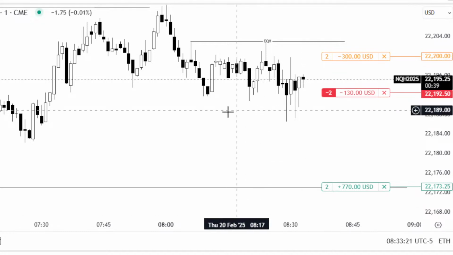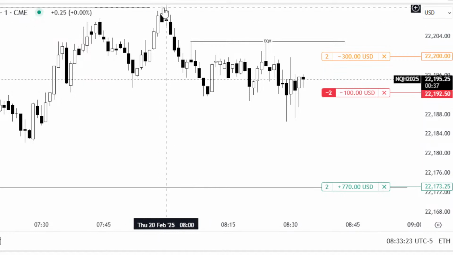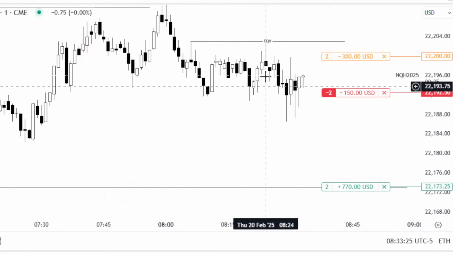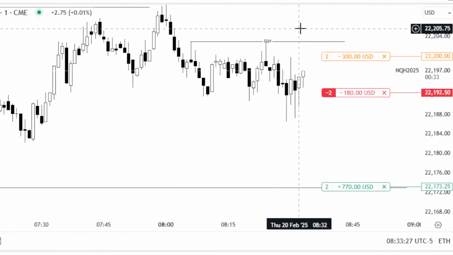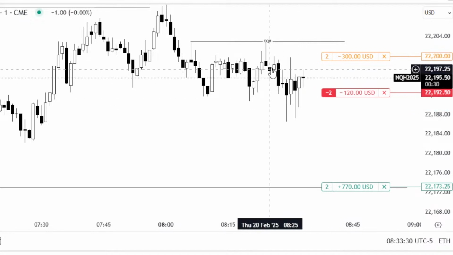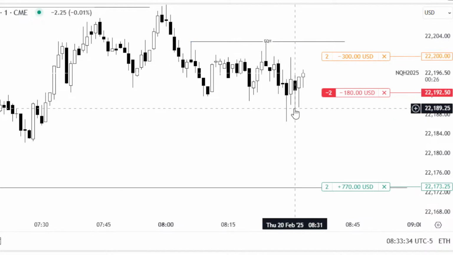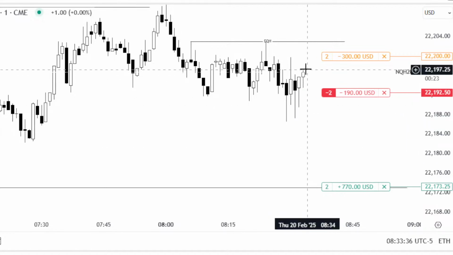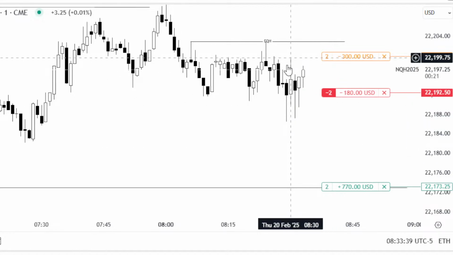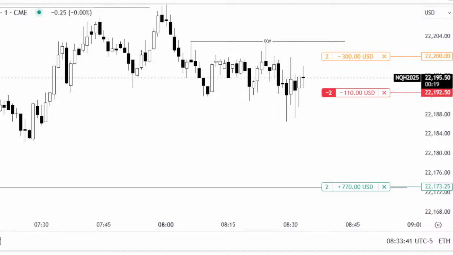The only thing I'm counting on here is we consolidated, we ran liquidity there, there's liquidity down here. I know there's equal highs up here. It could go all the way there, then it's fine. But we made a high, we made a lower low, lower high, and now I want to see a lower low and leave that high there. If it stops me out, it's not the end of the world.